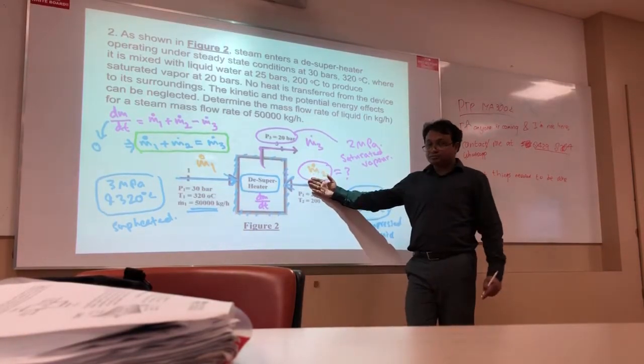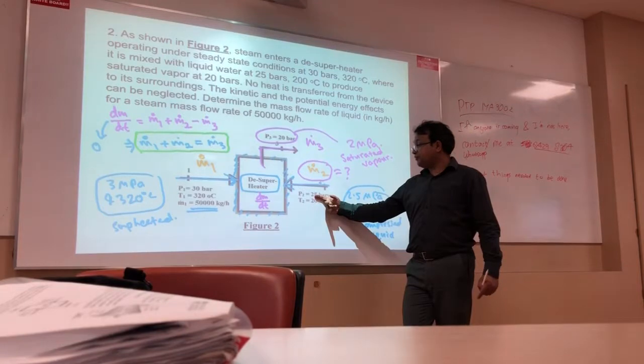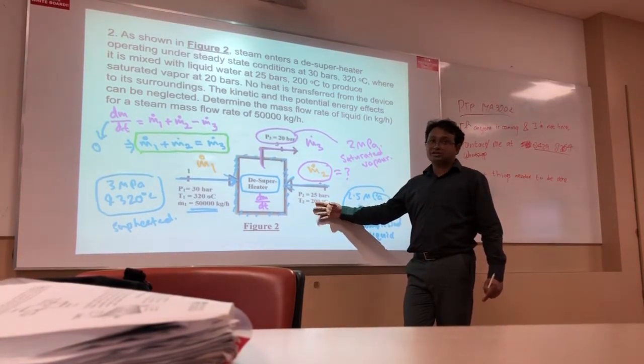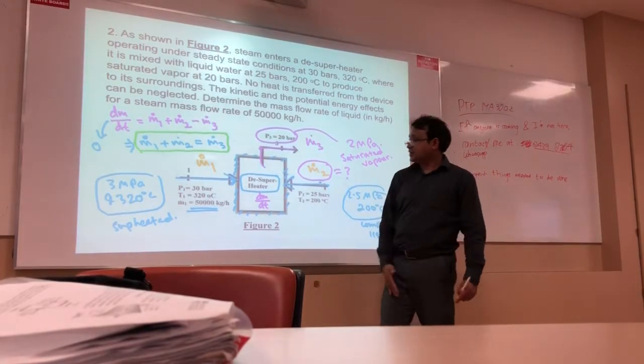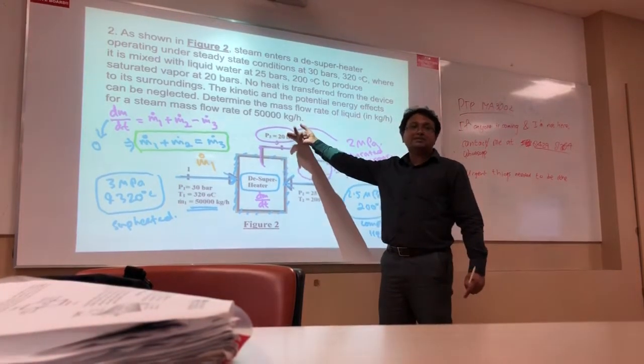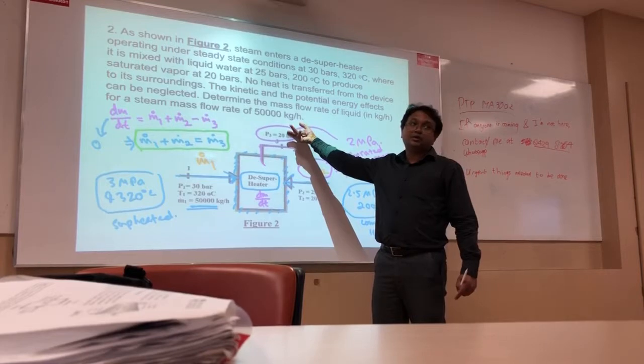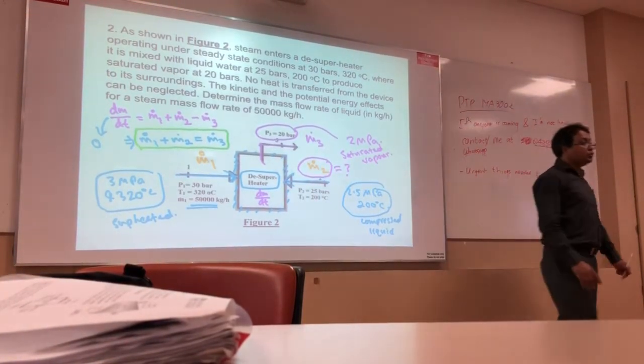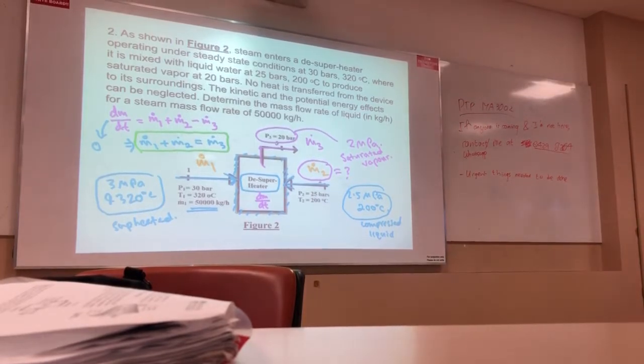At state 2, pressure is 2.5 megapascal and temperature is 200 degrees Celsius, compressed liquid. And state 3, 2 megapascal, saturated vapor phase. That's all. Now I am going to do the energy balance.